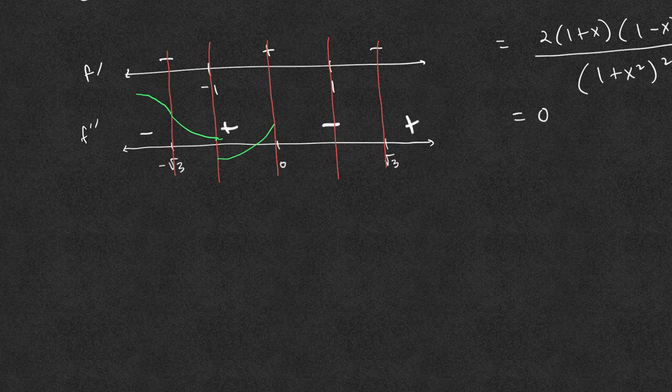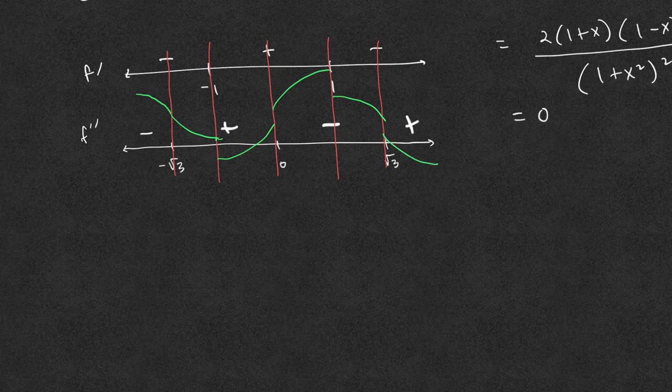And from 0 to 1, it is increasing and concave down. And from 1 to root 3, it is decreasing and concave down. And from root 3 to infinity, it is decreasing and concave up.